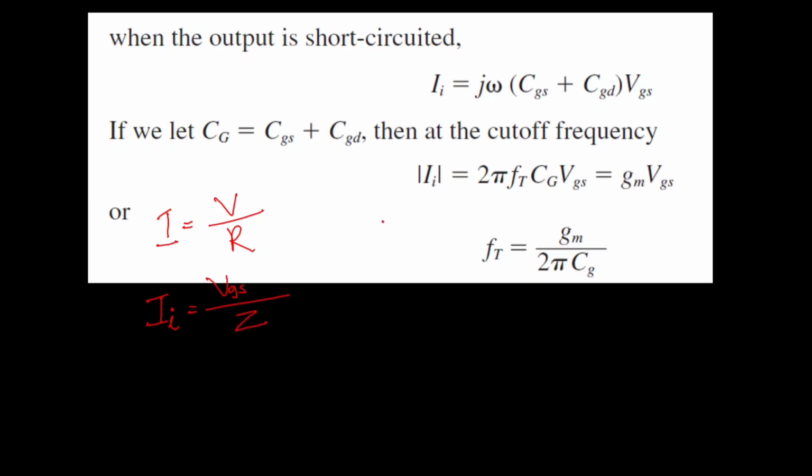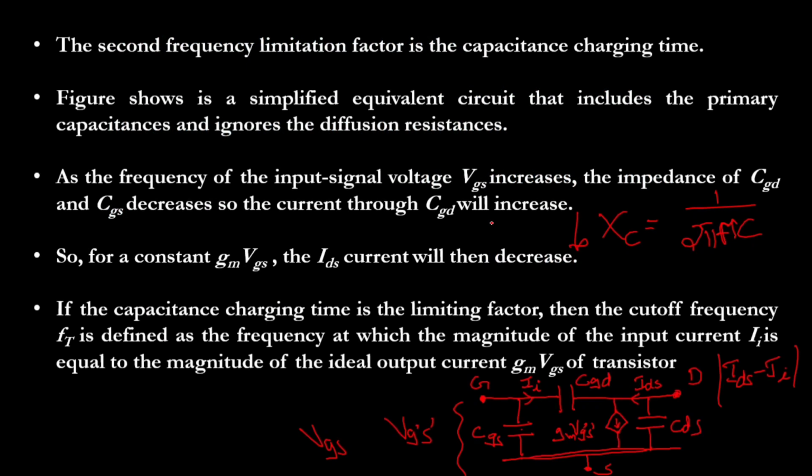What is the impedance equation? XC, that is 1 by 2 pi f C, right. What is C here? You can see the C is basically CGD and CGS. If you look into the circuit, I can say CGD and CGS are parallel in nature.